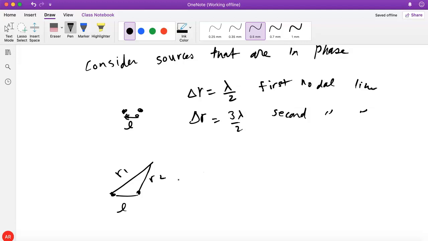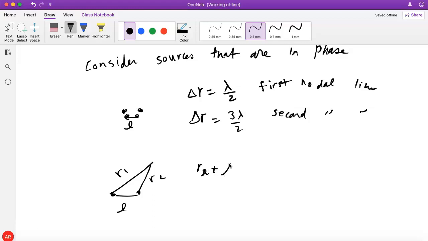So that means, for example, that R2 plus L is larger than or equal to R1. Again, in the lab, you will think a little bit about the derivation of this and where this is coming from.